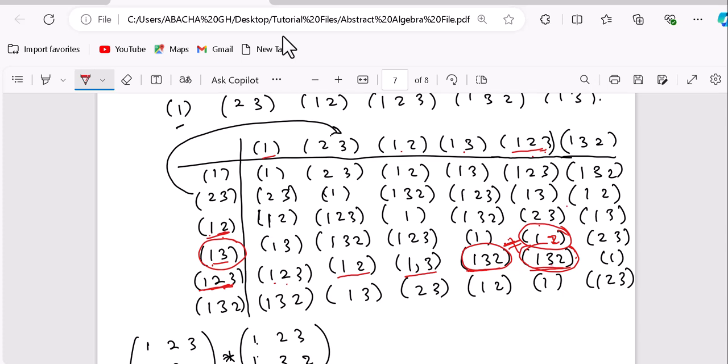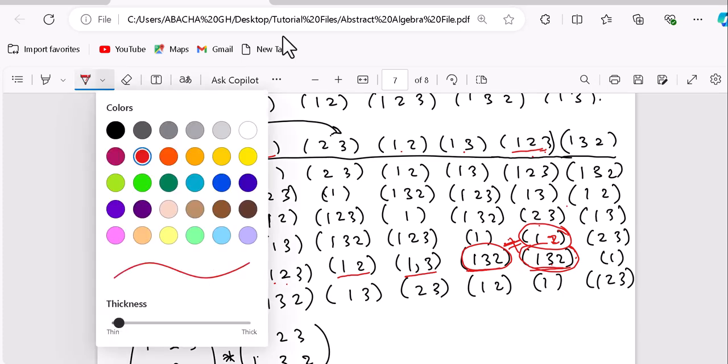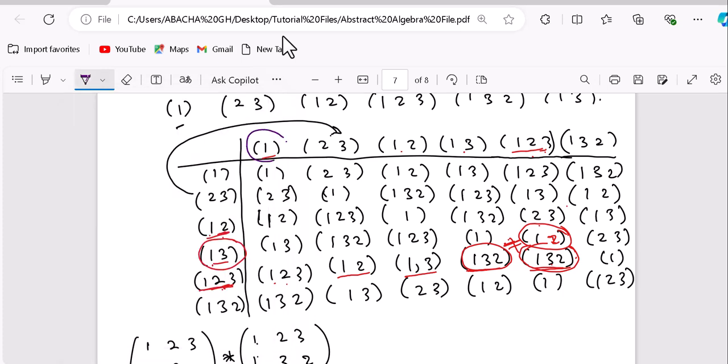So that also works. So it is a centralizer of itself. So far we've got the identity element as the first centralizer, which is this one, and now we've got the element itself, which is this one.